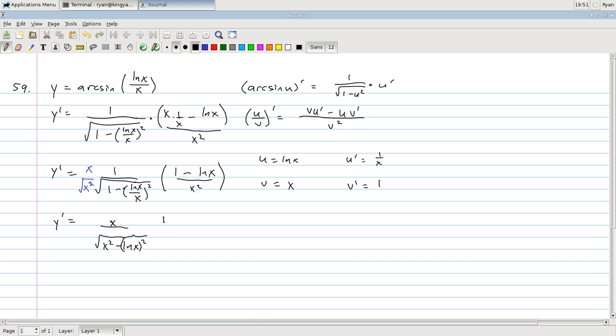And then we still have the second part of this fraction, 1 minus ln x over x squared. And now we can reduce this x with one of the x's in the denominator. And so then our derivative is 1 minus ln x, just multiplying these together, over x times the square root of x squared minus ln x squared.